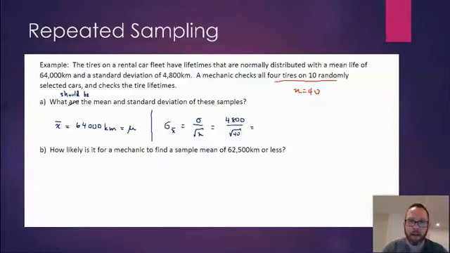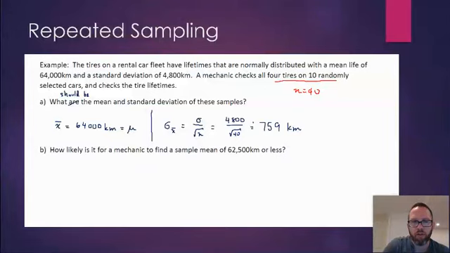So instead of having a standard deviation of 4,800, it's 4,800 over root 40, which is much less. I'm going to say about 700. Actually, it's pretty close to 759. So these 40 lifetimes would be much more tightly clustered together.